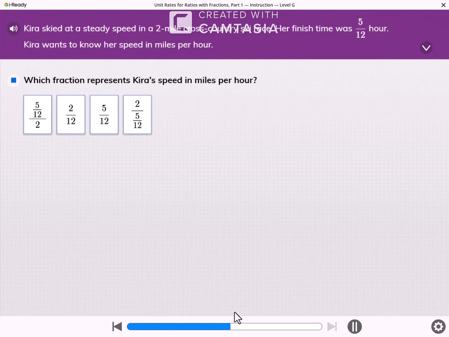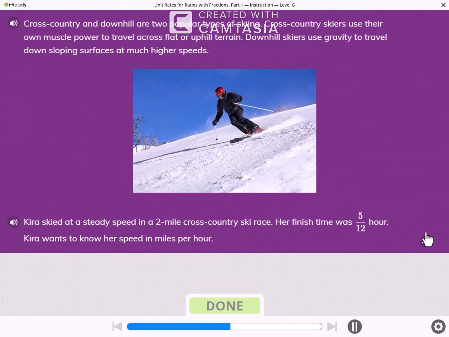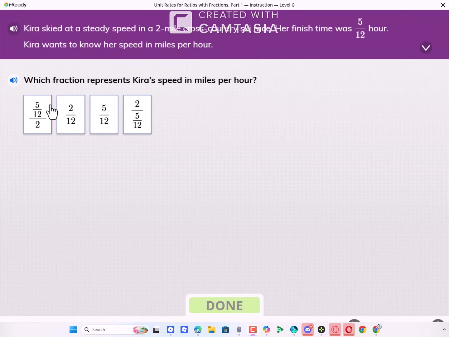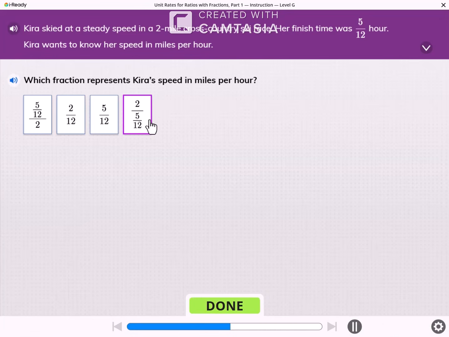Which fraction represents Kira's speed in miles per hour? It's this one or this one?